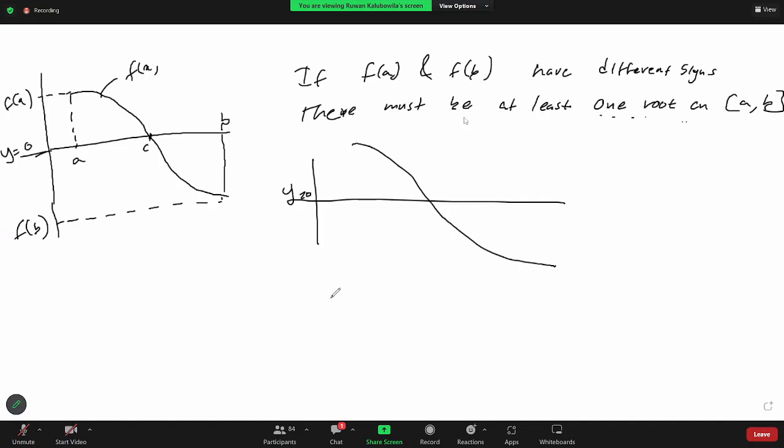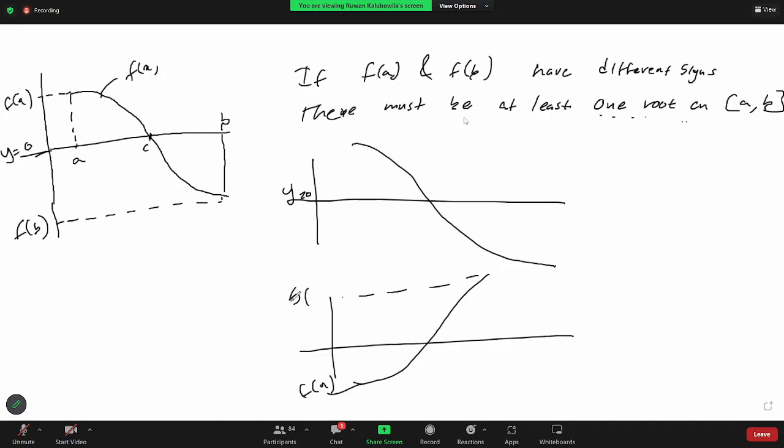It might be this way, or it might be that way. This may be f(a), maybe f(b). However, there is a point that crosses the y equals 0 line because f(a) and f(b) have different signs.